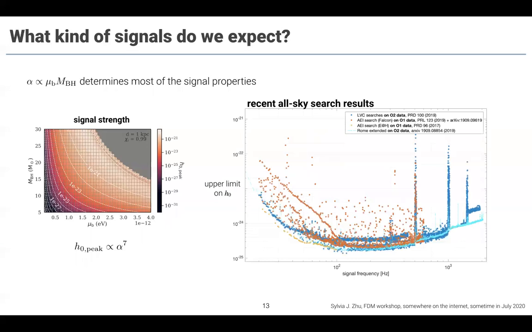If we compare this to some recent all-sky search results, where at its most sensitive the detectors can detect signals with H0 values of around 10 to the negative 25, you can see that for much of this parameter space, we are talking about signals, at least at their peak, that are orders of magnitude louder than the detector sensitivities. So these are signals that would be far above the noise and would theoretically be very easily detectable.